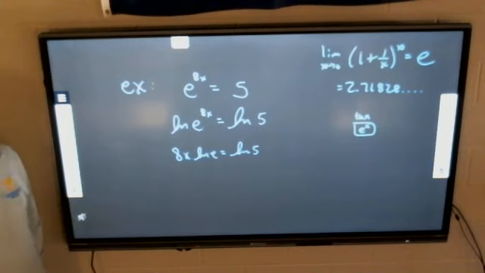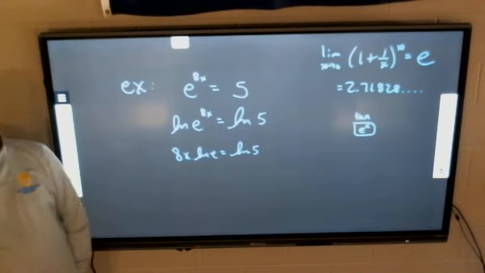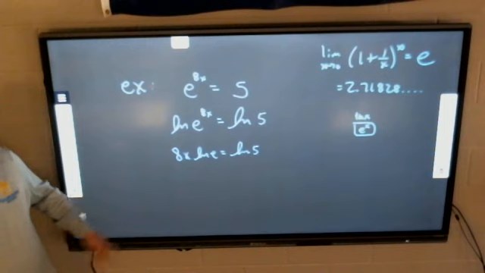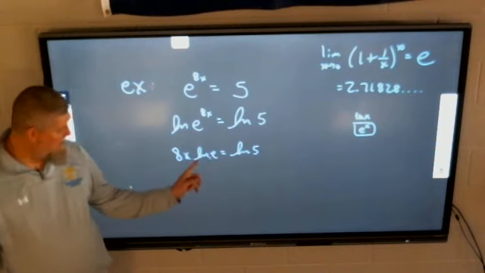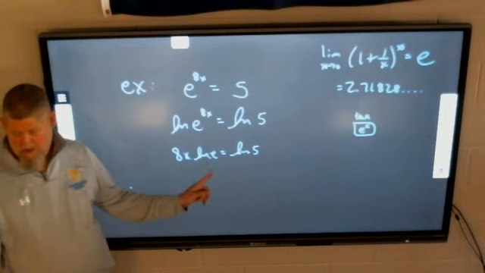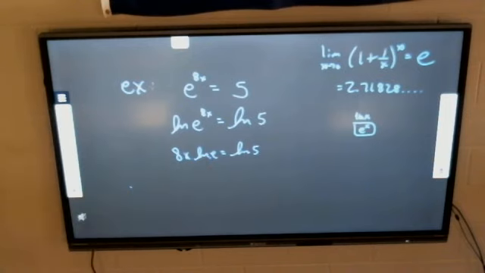Now, I told you the base of a natural log is e, right? So if the base is e and the argument is e, what is the natural log of e? Okay, so we had this the other day. We had, actually, I think Shayla mentioned earlier, log to the base 10 of 10. When the base and the argument are the same, what's the answer? 1. So if I have the natural log, which has a base of e, of e, that's going to be equal to 1.